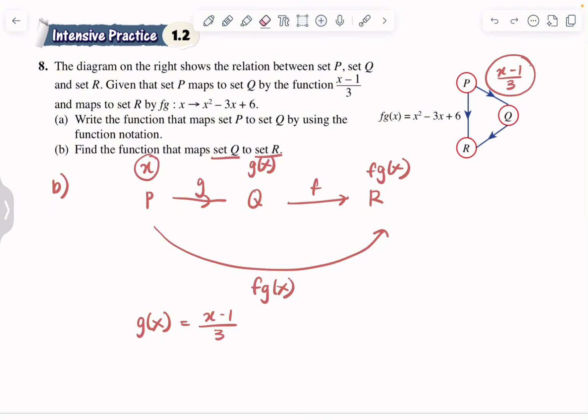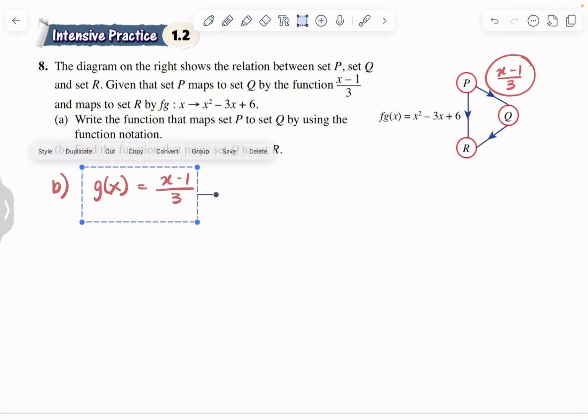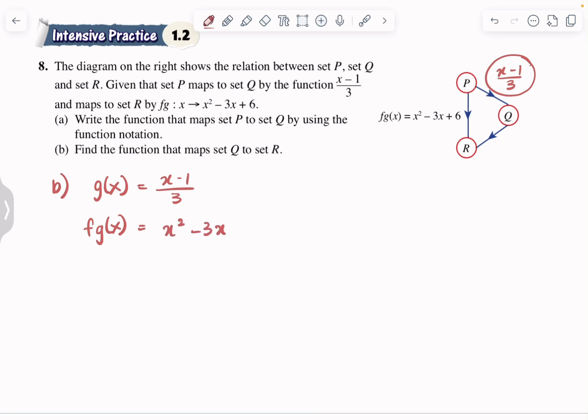Let's erase all this. So we have g(x) is this, and fg(x) is x squared minus 3x plus 6. We need to find f(x) now. Function f is outside.